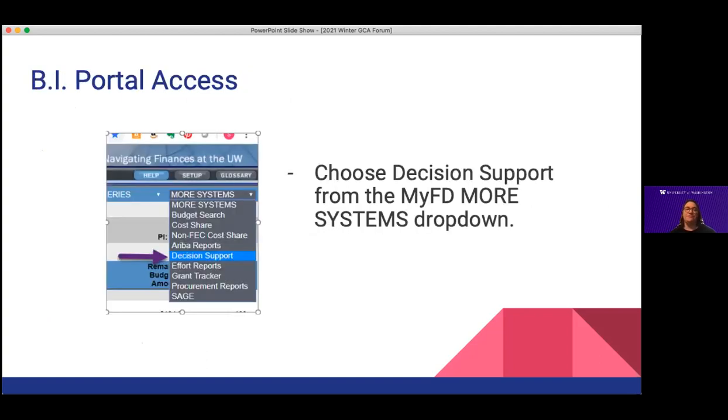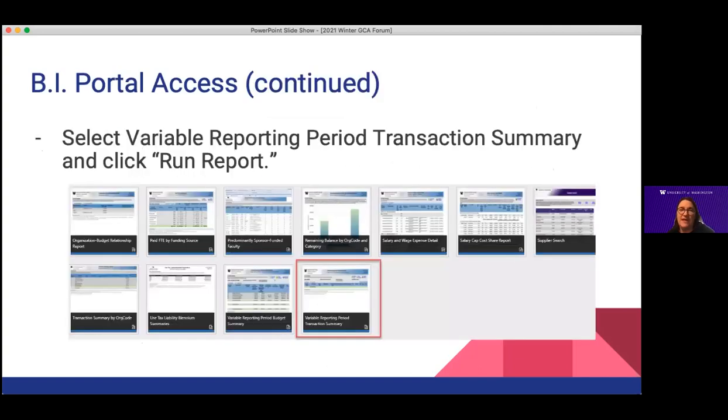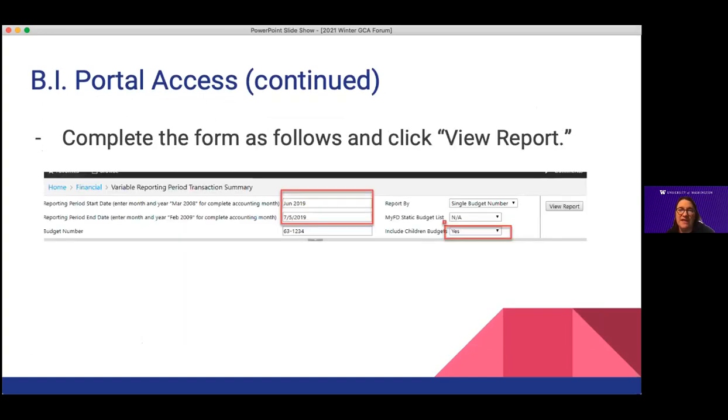Next slide. So here I just show where you can choose decision support from that dropdown. Next slide. And then you want to select variable reporting period transaction summary and click Run Report. Next slide.